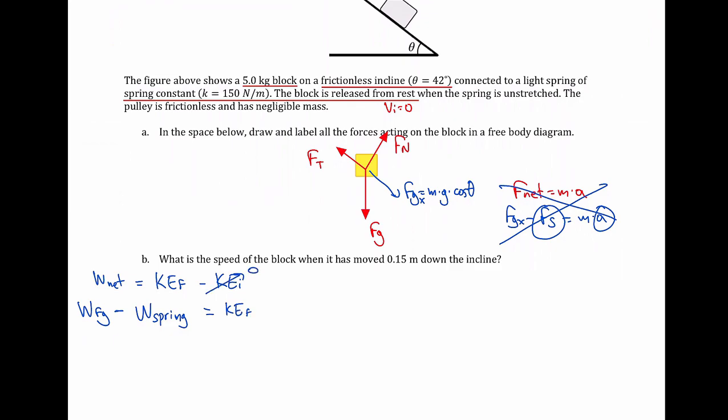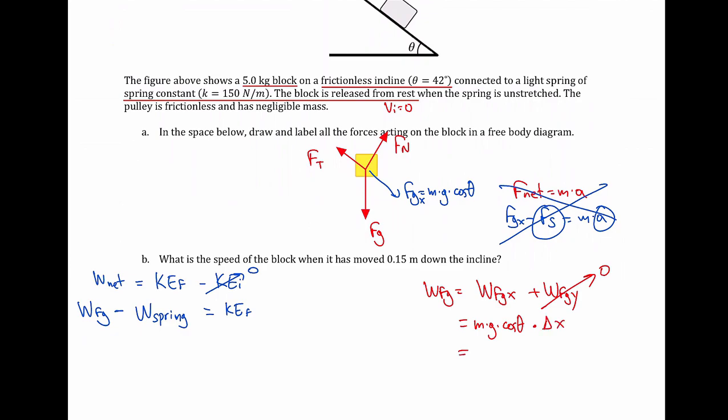So we need to spend a little bit of time to find the work by the force of gravity, which is the work by the force of gravity x plus the work by the force of gravity y, but the work by the force of gravity y is 0 because the force of gravity y acts at 90 degrees to the inclined plane. So we have mass times g times cosine of theta multiplied by the distance.